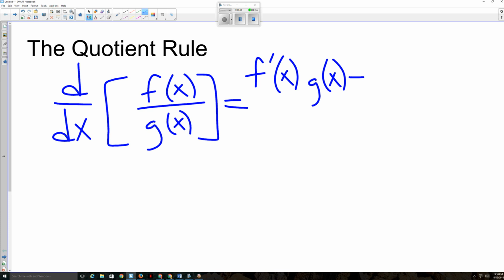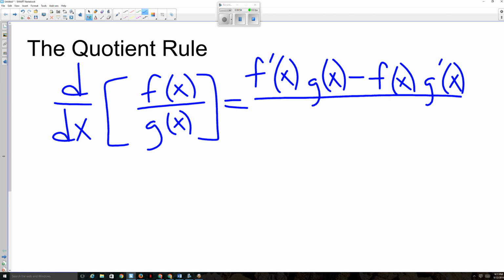We're going to subtract, and so then we're going to have f of x times g prime of x. Now, so far so good. Everything here is mostly the same, but we are going to have a denominator. We're going to have g of x squared in our denominator.